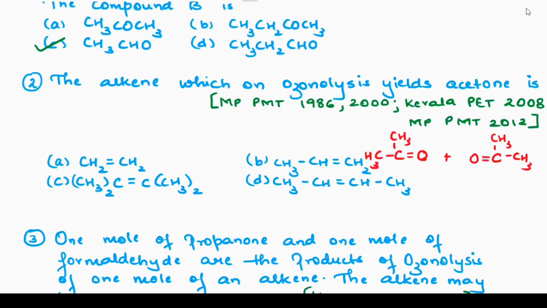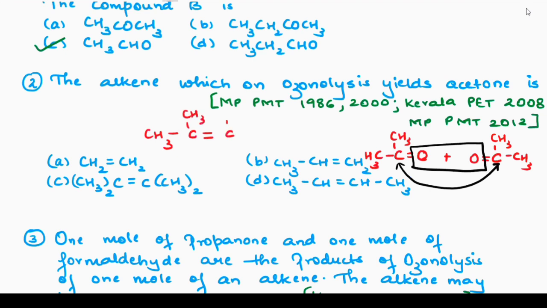And if you have followed my previous video, you must know the trick that we need to remove both the oxygens and then the carbons will be bonded by a double bond. So the reactant will be CH3, C, CH3, double bond C, CH3 and CH3.